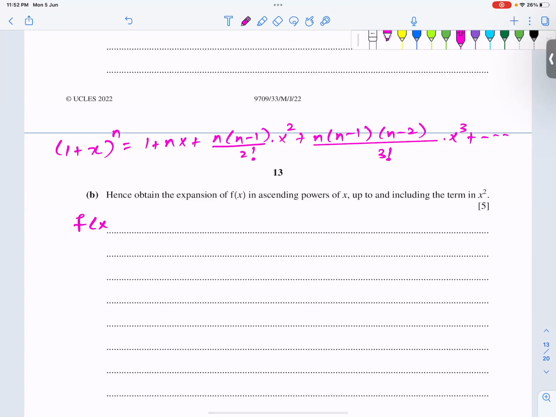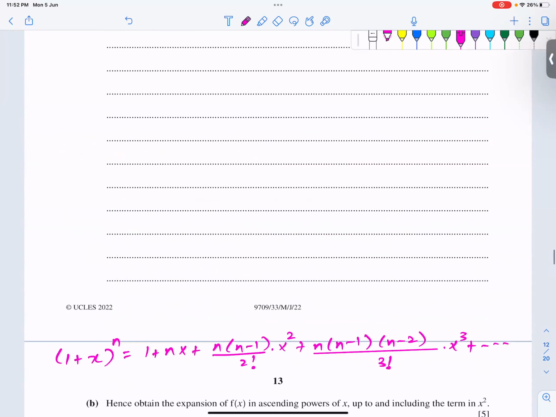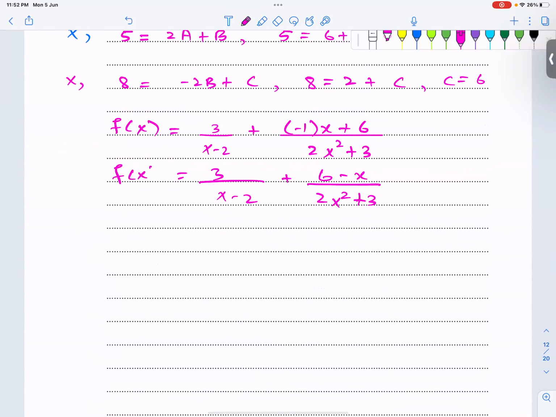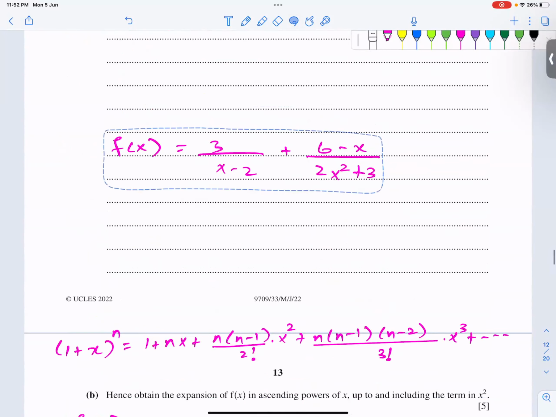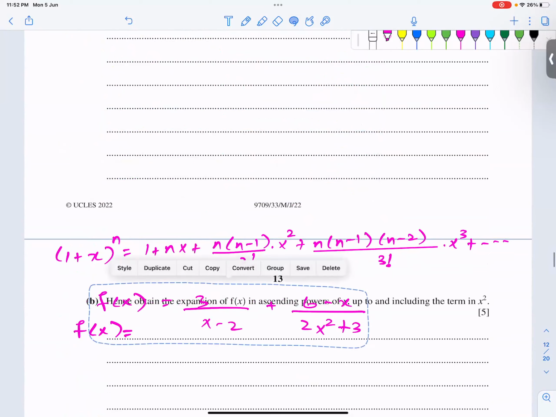f of x will be this part. Okay, now we will use this answer here.